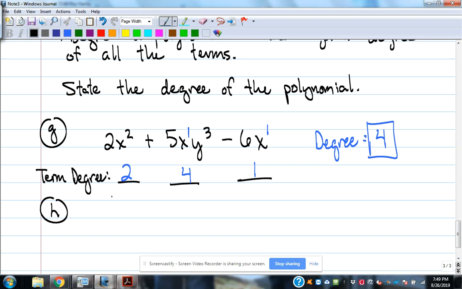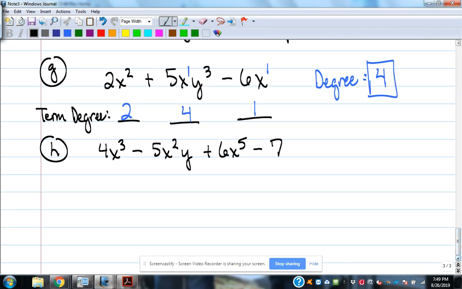Example H. 4x to the third, 5x squared y plus 6x to the fifth minus 7. Term degree, I'll just abbreviate that. 1, 2, 3, 4 terms this time. What's the degree of the first term? 3.